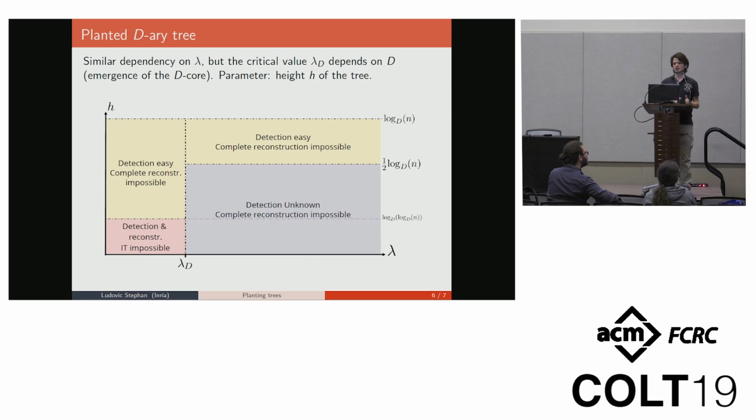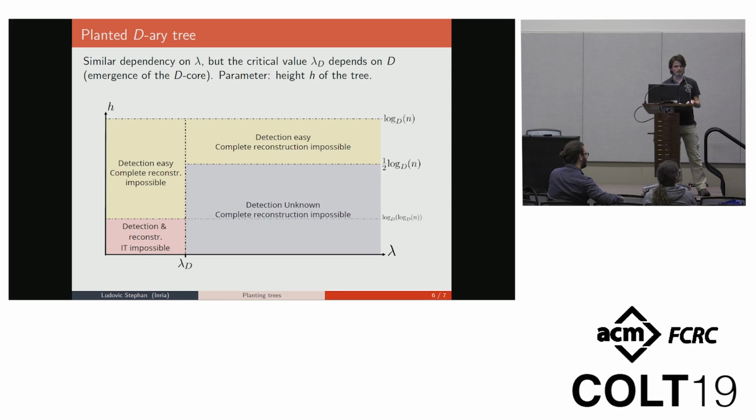For supercritical graphs, we haven't been able to find out much because the methods we used for the path are fairly specific and do not apply to this case. However, when lambda is less than the critical value lambda d, we showed that there is a critical height, roughly log n in base d, below which detection and reconstruction are again completely impossible, and above which detection is easy.